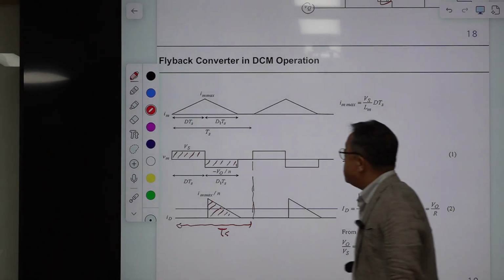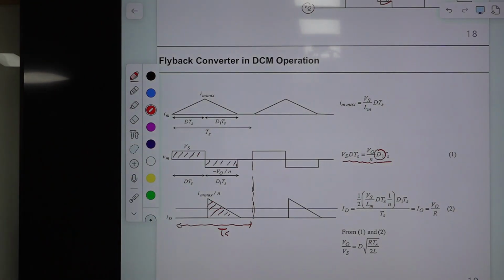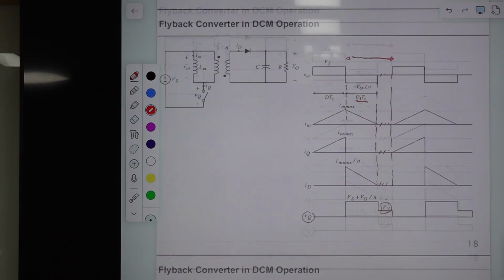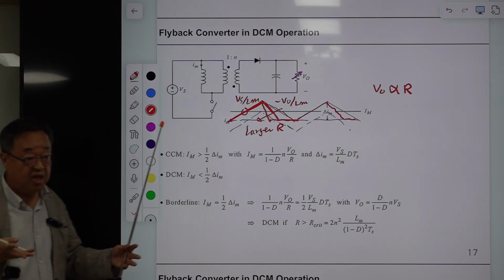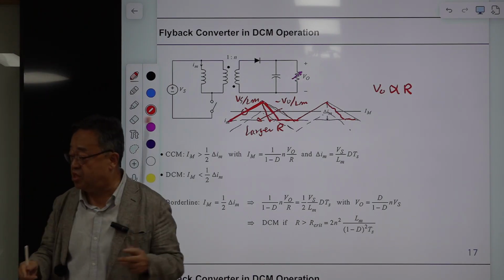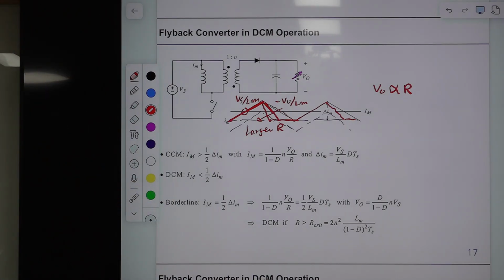The basic reason for going into DCM is that we are assuming the output voltage is proportional to R. If you increase R, the output voltage increases. In CCM, the output voltage is determined by the duty ratio and transformer turns ratio. But in DCM, R is interfering with the gain equation.